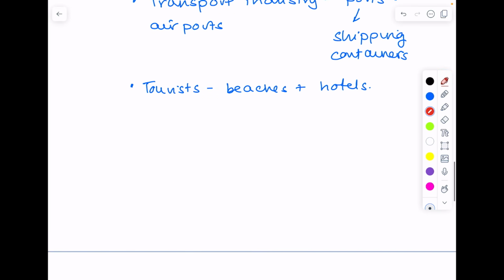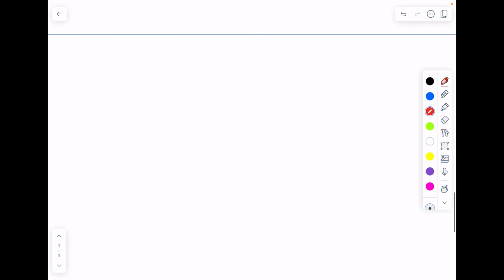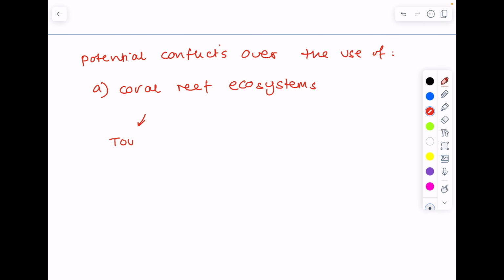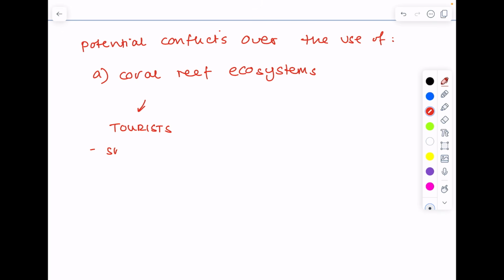Now really looking at potential conflicts. So potential conflicts over use of coral reef ecosystems. If we consider tourist use, they want to go snorkeling and scuba diving to look at the wide range of biodiversity.